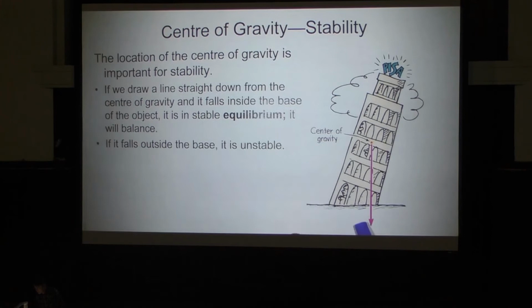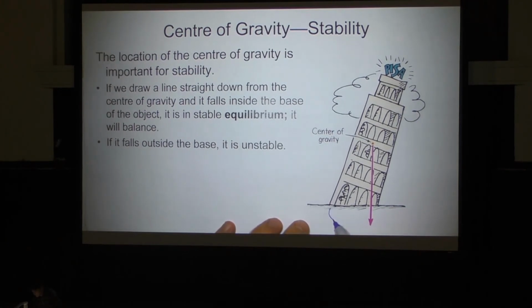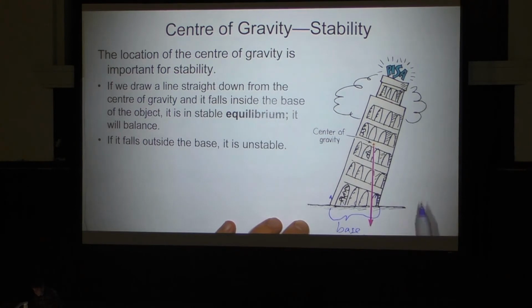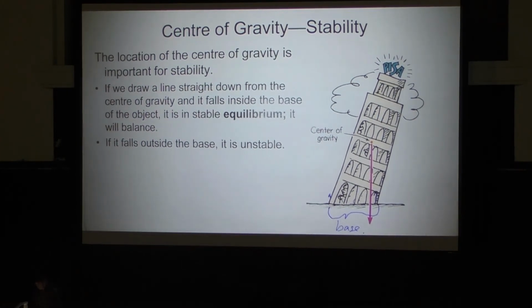The base is right down here. That's what's supporting it, so there is a normal force that can be provided from the ground upward at any point on the base, and that can be any amount. If the center of gravity is directly above the base, then it's in stable equilibrium. If the center of gravity is outside the base, then the thing falls.